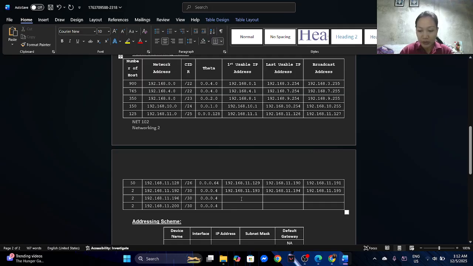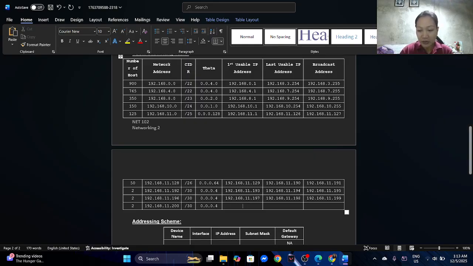For router 2, first usable address is 192.168.11.197. Last usable address will be 192.168.11.198. And broadcast address 192.168.11.199.